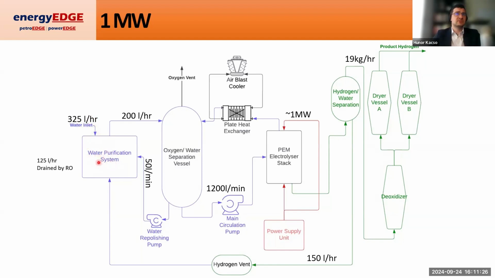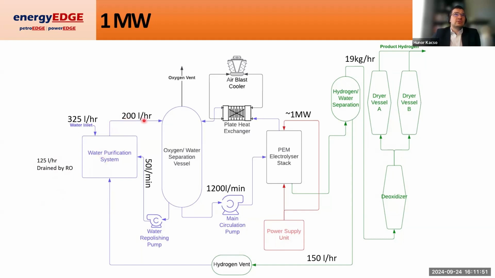There are going to be reverse osmosis membranes. And from the reverse osmosis membranes, we are going to have around 125 liters per hour drained. This will just be wasted pretty much. It will typically just go to drain.